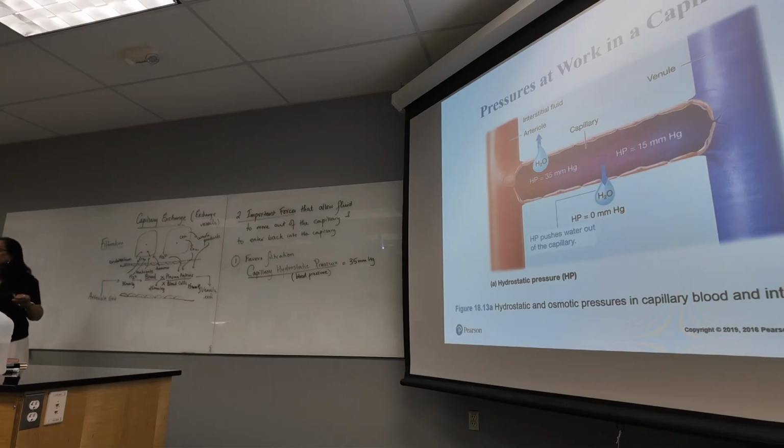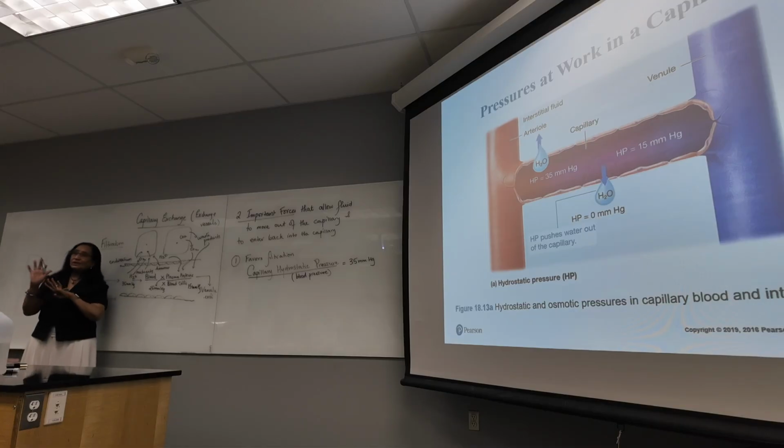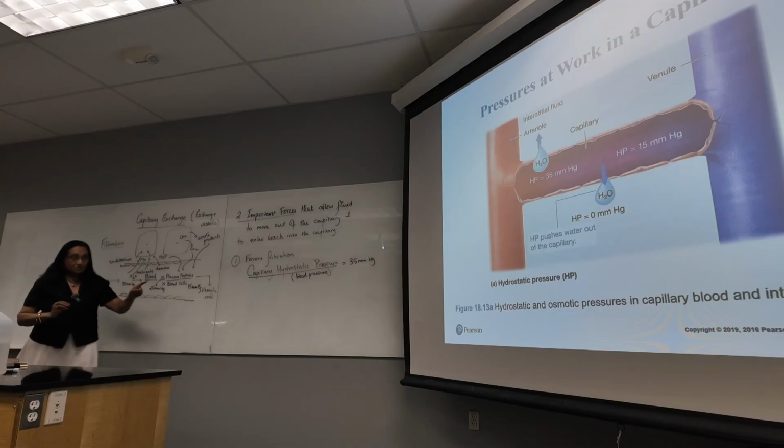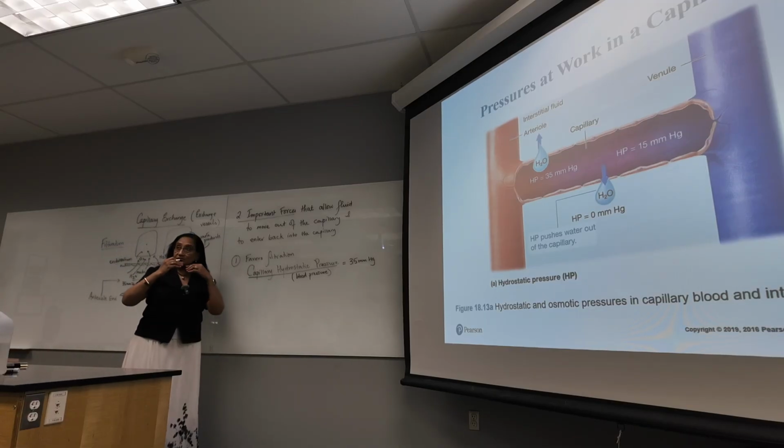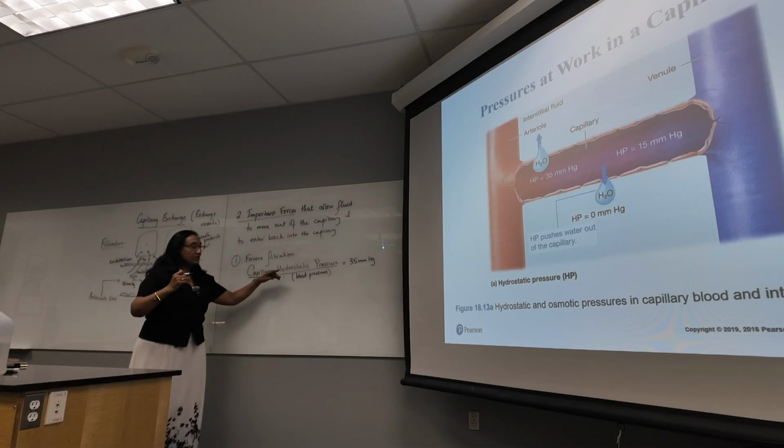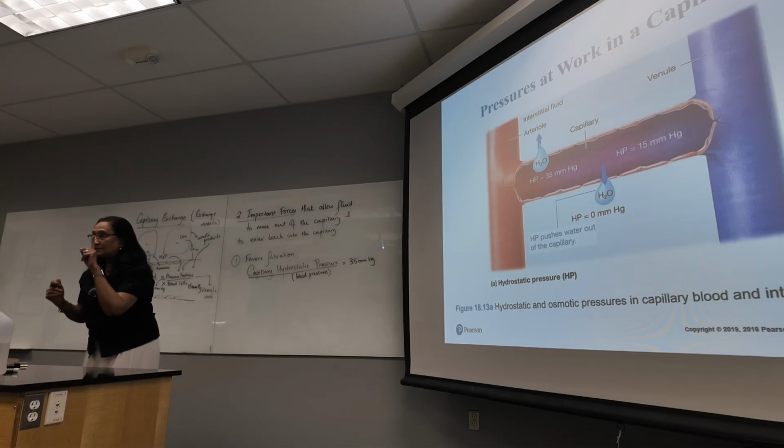Textbooks will differ a little bit about the pressures based on which research article they have used. But generally it is around 25 millimeters of mercury. So what is the pressure that pushes the liquid out? That is capillary hydrostatic pressure.